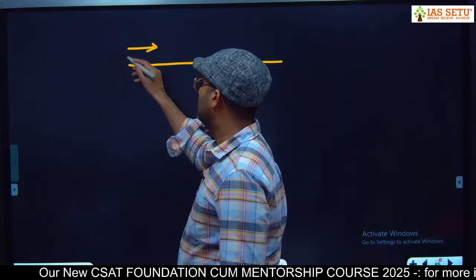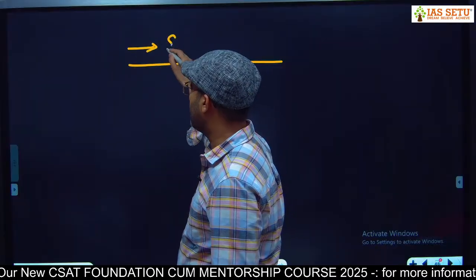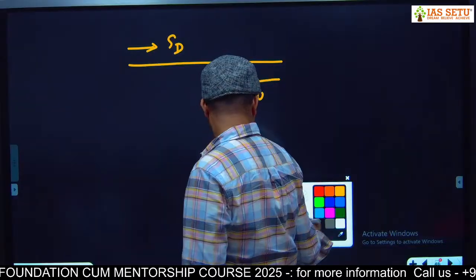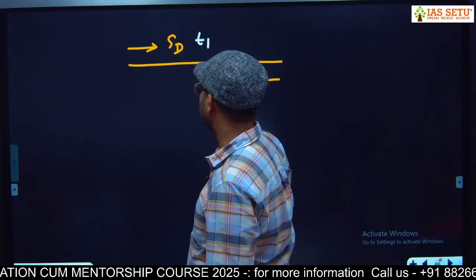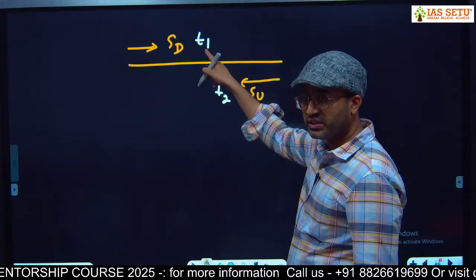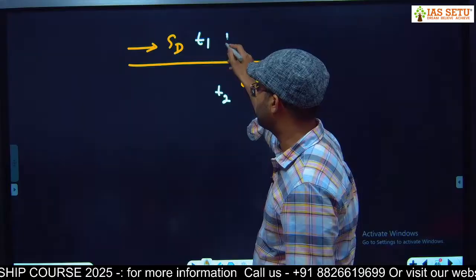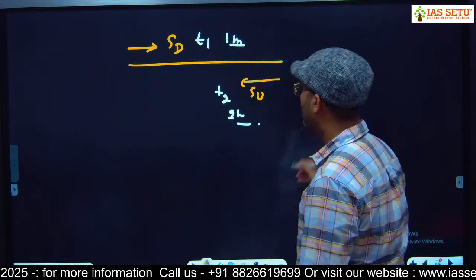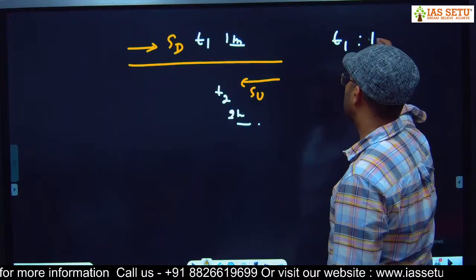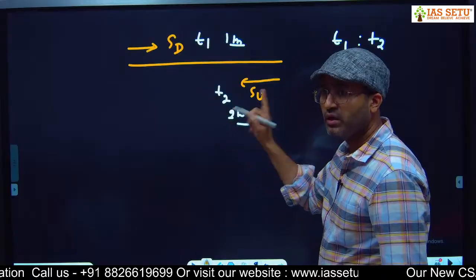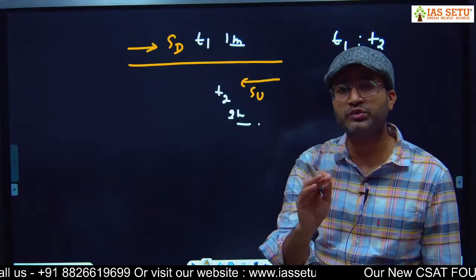Here this is the speed downstream and this is the speed upstream. Here this is the time t1, here it is the time t2. Here this time is half. I assume this time is 1 hour, so this time will be 2 hours. The time ratio t1 is to t2 is 1 is to 2 and the distance is the same. When the distance is the same, what is the ratio of speed and time?